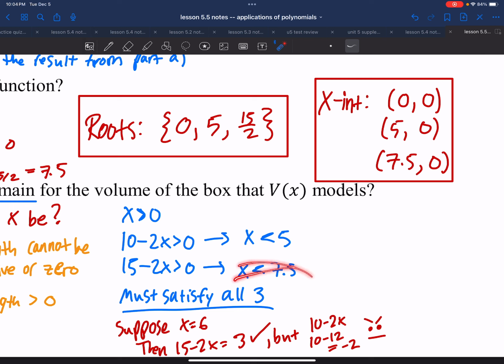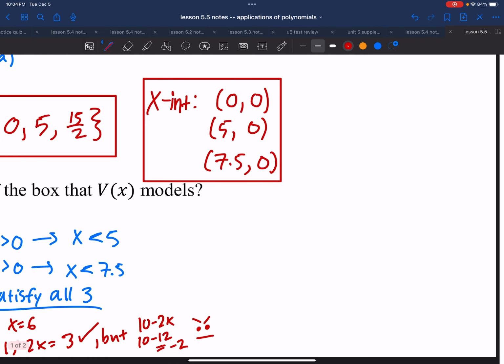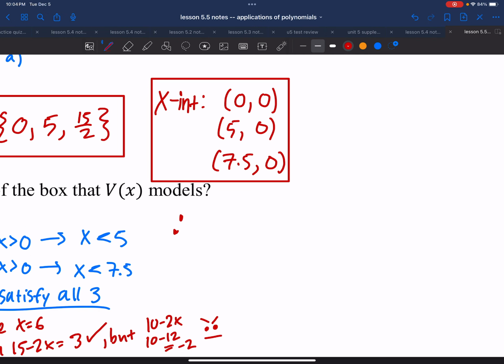We're not really going to use the less than 7.5 because it must be less than 5 to satisfy this. And so anything between 5 and 7.5, that's not going to work. Okay? So, answer, right? Therefore, my little 3 dots, I love my little 3 dots, x is in between 0 and 5.